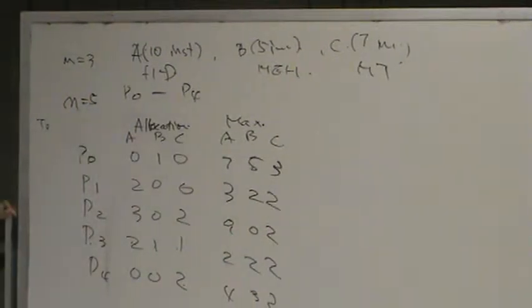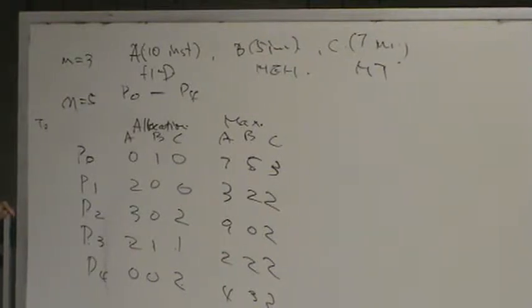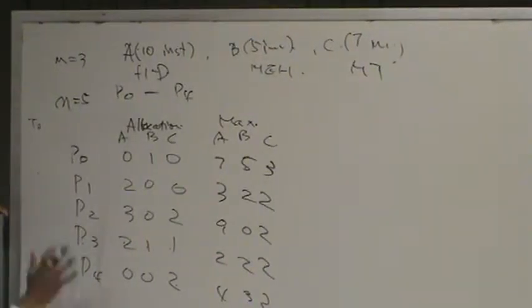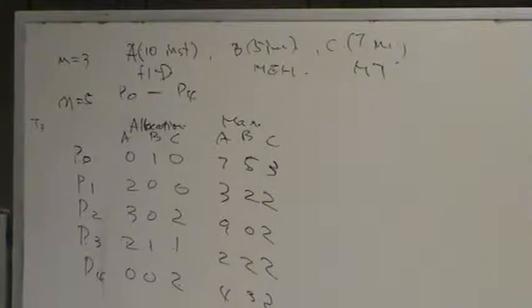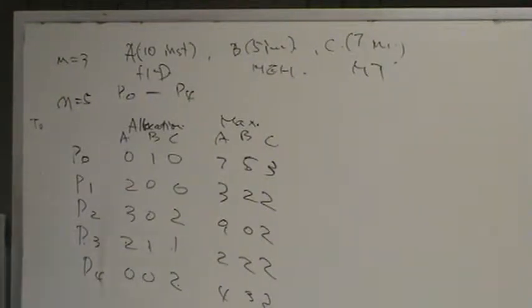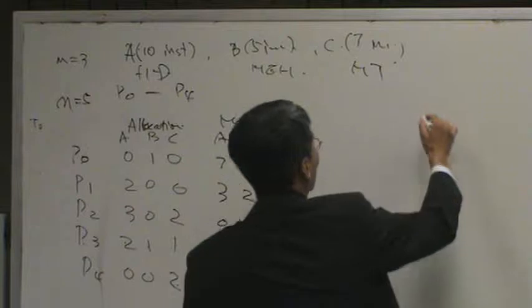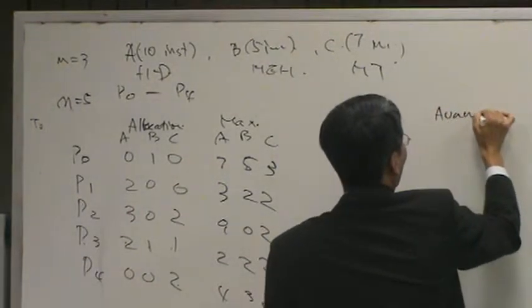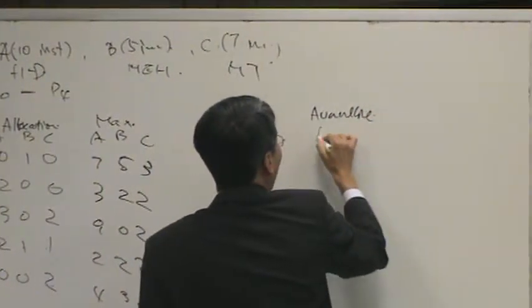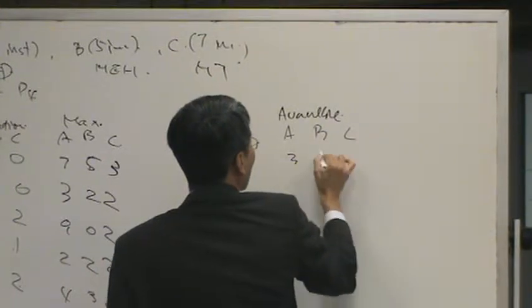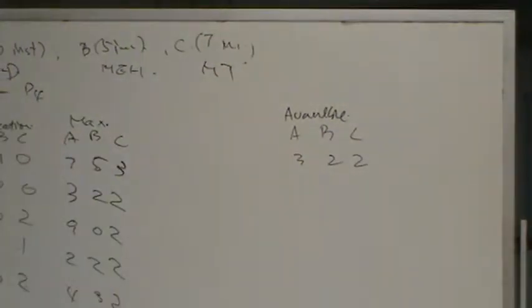This is the maximum need. If you had unlimited resources, you wouldn't have to worry about this. You could just grant requests and there might be no problem. But we have only Available A, B, C, currently 3, 3, 2.